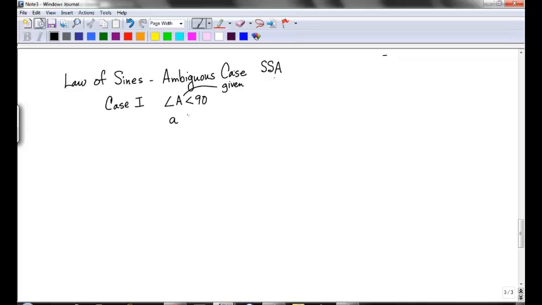If A is less than B sine of angle A, it's no triangle. If A equals B sine of A, it's one triangle.